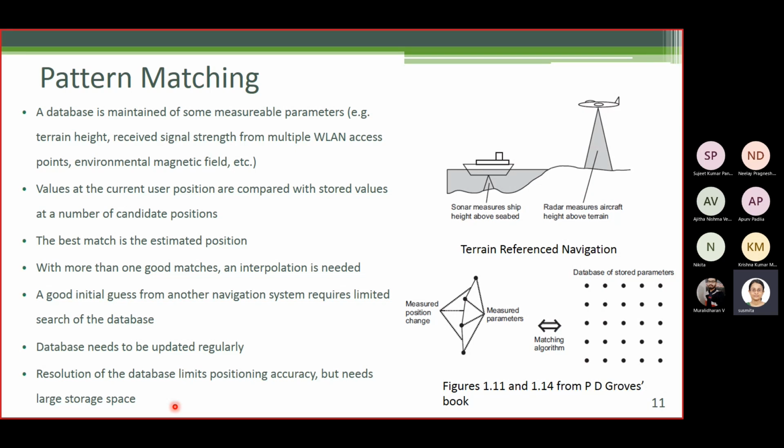For example, a standalone GNSS may not have as good accuracy. But if the aircraft is flying over mountainous terrain and we combine pattern matching with GNSS, the combined system will definitely give better accuracy than the standalone system, provided we search the correct part of the database.